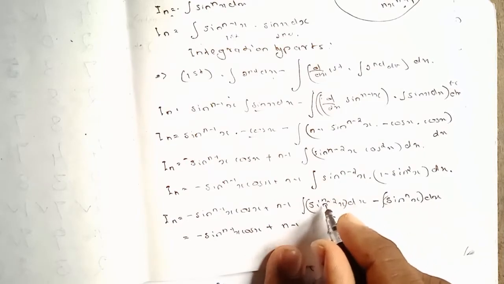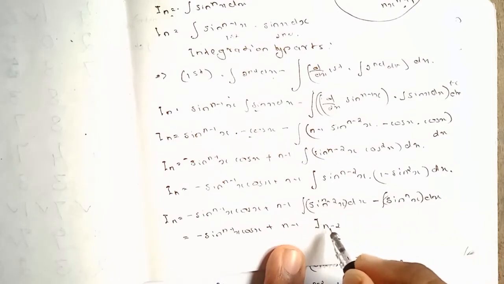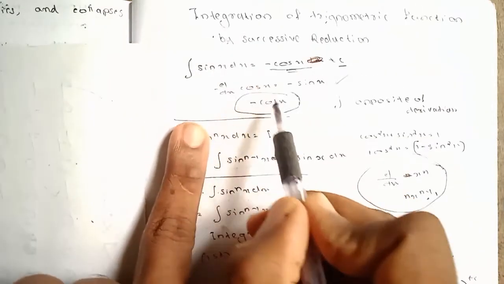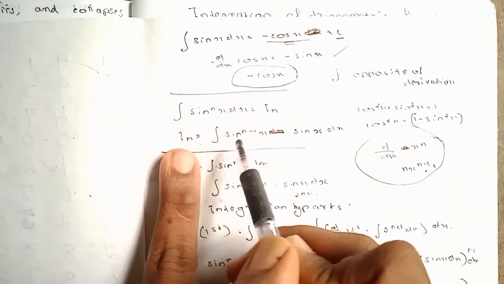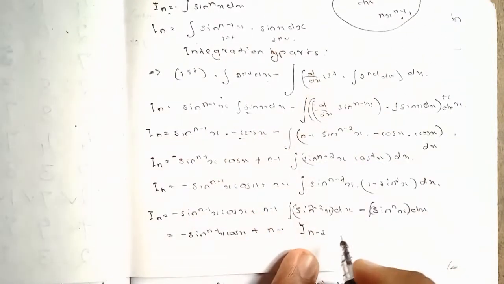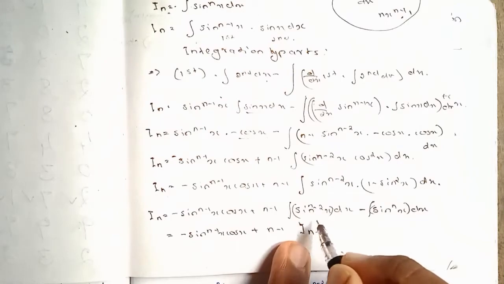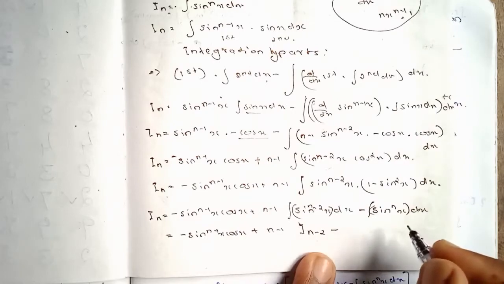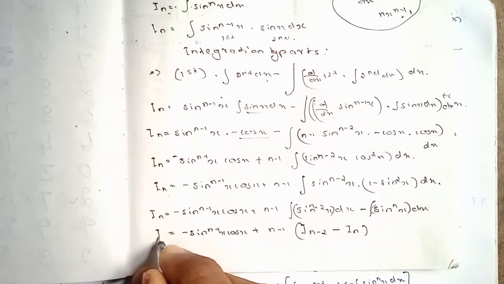Then we can write the integral of sin^(n-2) x dx as I_(n-2), which means the integration of the sine function with power n minus 2, as previously we write I_n to mean the integration of the nth power of the sine function. Then put a minus term, the integral of sin^n x dx, which is equal to I_n. Then put a bracket.